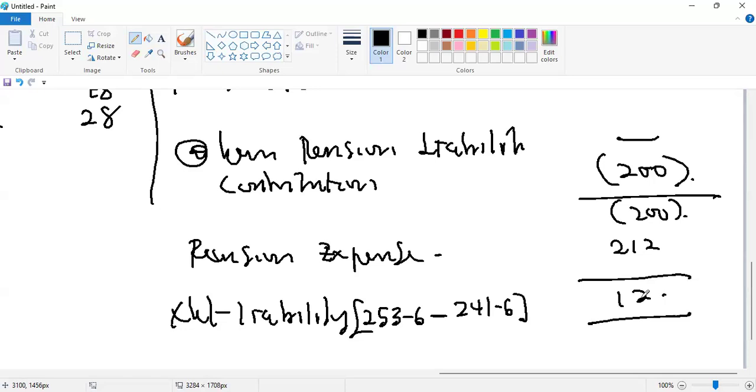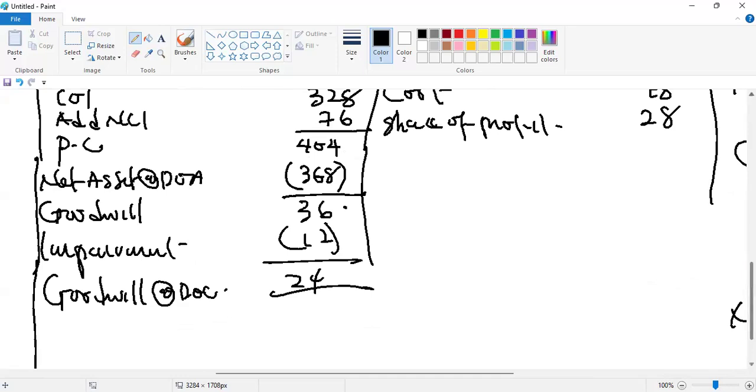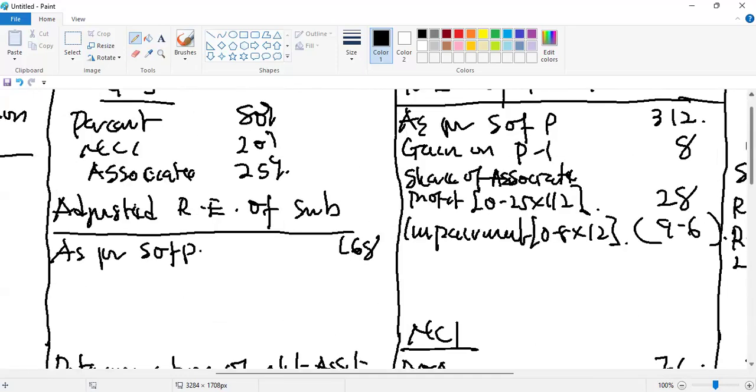So I will debit retained earnings with 212, the pension expense, then credit the liability at the end, 12.